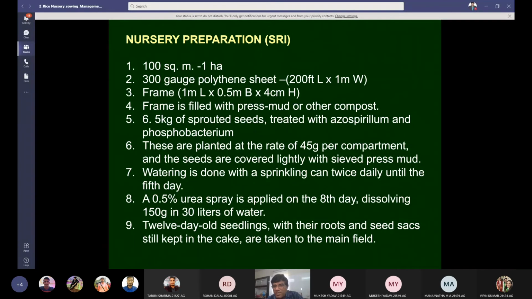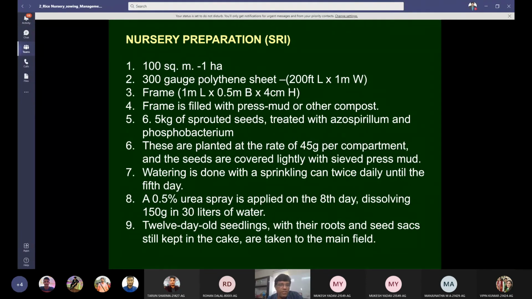A 300 gauge polythene sheet is spread on the surface, and then frames like in the last case are prepared, 1 meter long, 0.5 meter wide and 4 centimeter high, and the frame is filled with press mud or other compost.